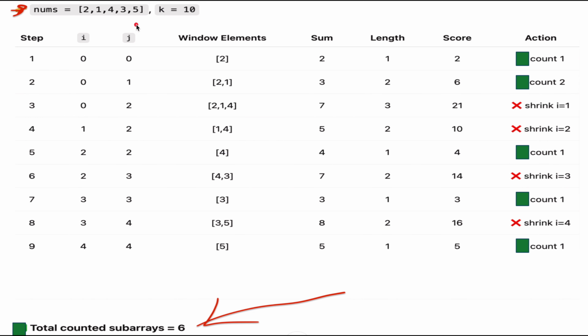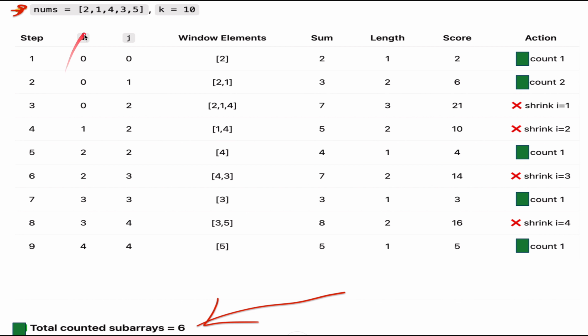So let's go with the example that we have given: 2 1 4 3 5. This is the first example, and k is 10. There should be 6 subarrays, as you can see here, and valid subarrays are those with score less than or equal to 10.